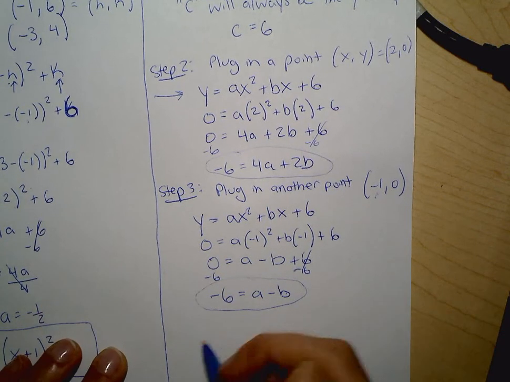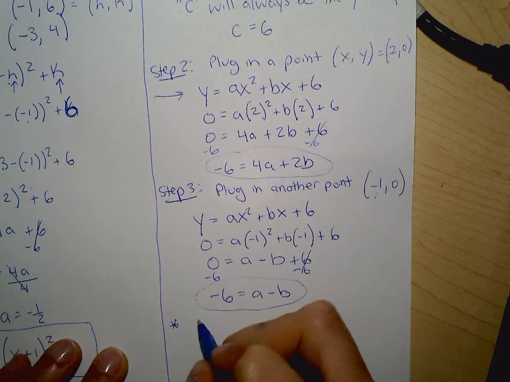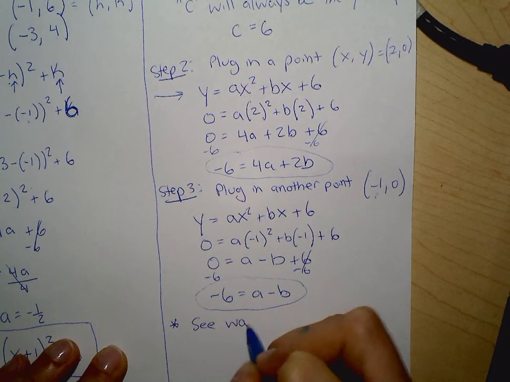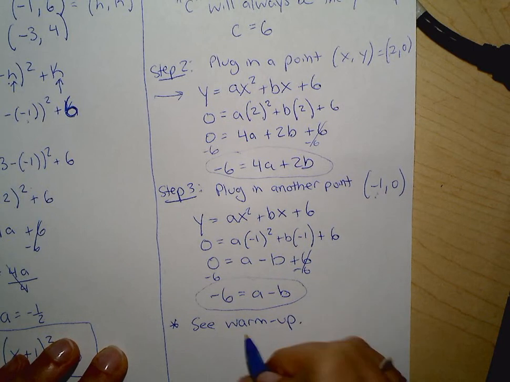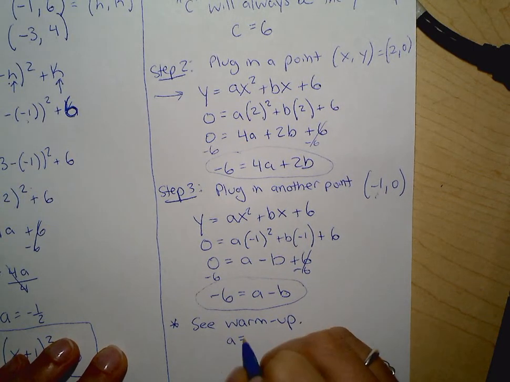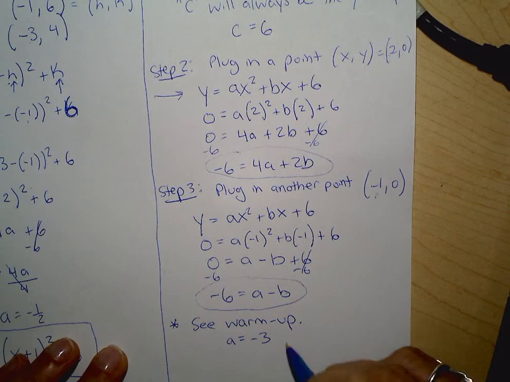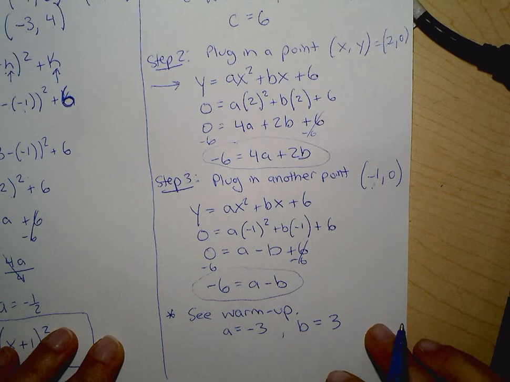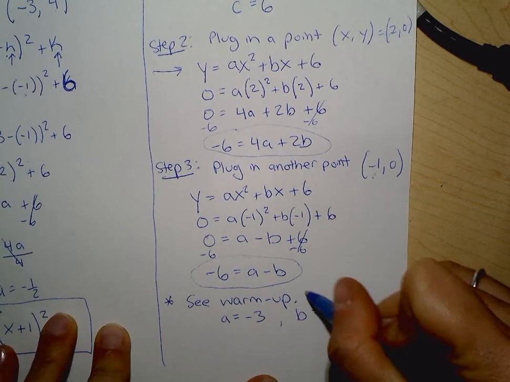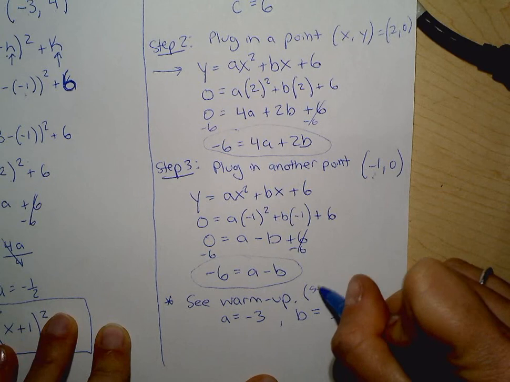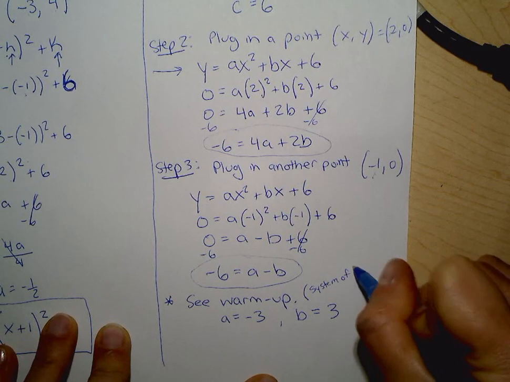So we're going to put a star here to say C warm-up, and we got a was equal to -3 and we got b was equal to 3. I'll just put in parentheses here, system of linear equations.